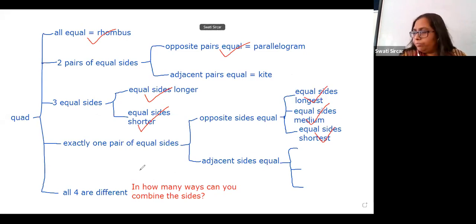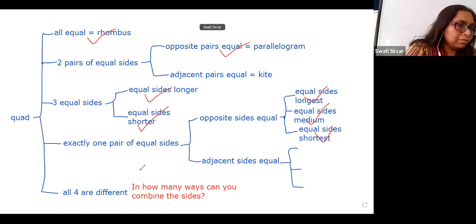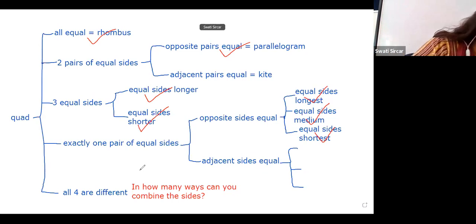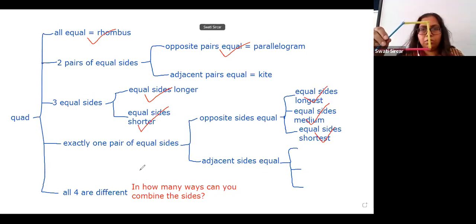Now, if we have equal sides adjacent, we did make it parallel, and here also we did make it parallel.